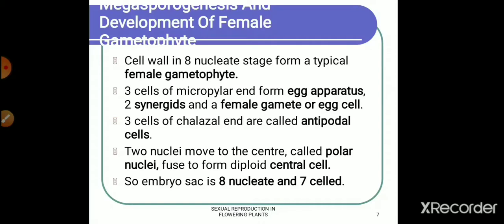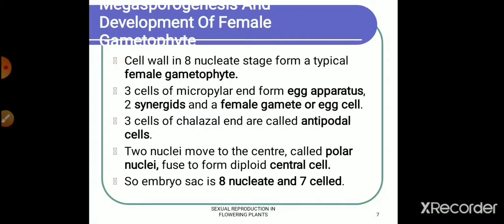The three cells at the micropylar end form an egg apparatus. It contains the central egg cell and two supporting synergid cells. The three cells at the chalazal end are called antipodal cells. The two polar nuclei move to the center and fuse to form the diploid central cell.